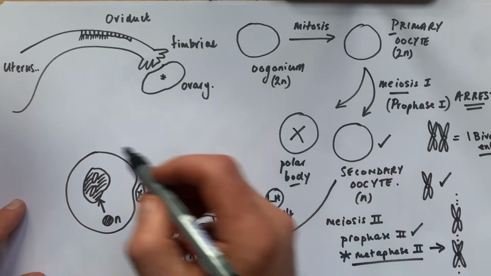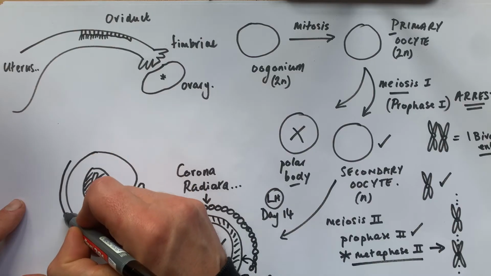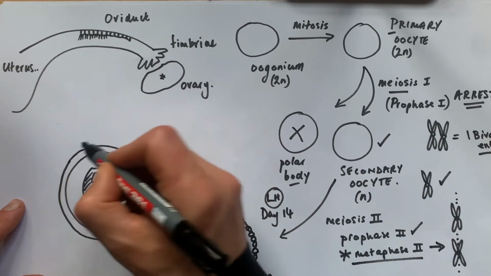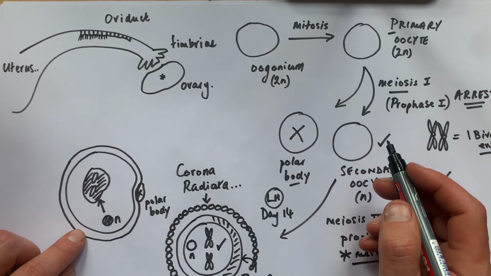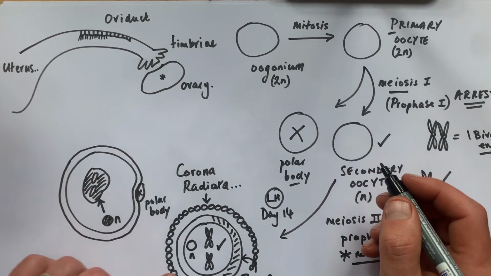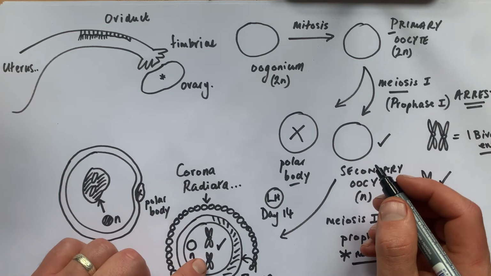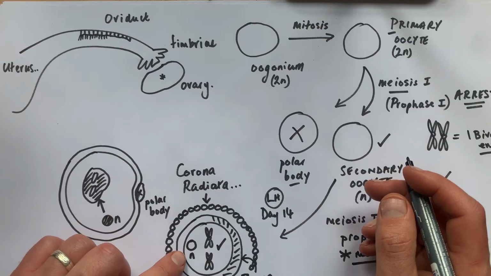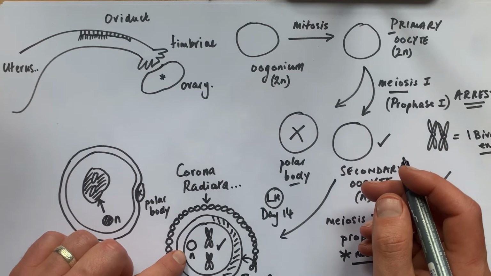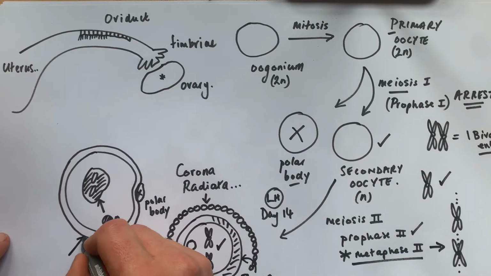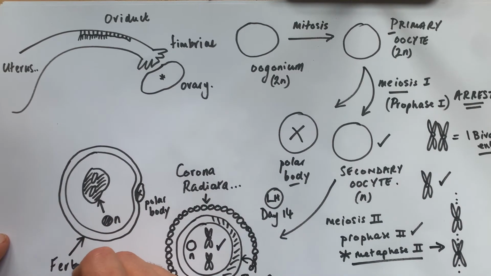And again, on the outside of this, the zona pellucida by this point has actually become what's called a thicker, harder fertilization membrane. So as soon as the sperm enters the secondary oocyte, it causes cortical granules to release chemicals by exocytosis, and those granules cause the zona pellucida to thicken and harden to become the fertilization membrane.